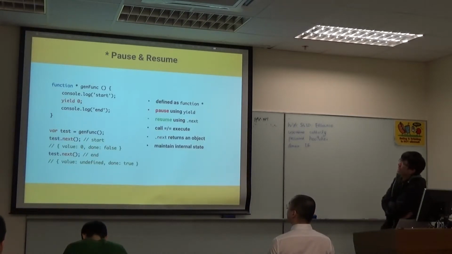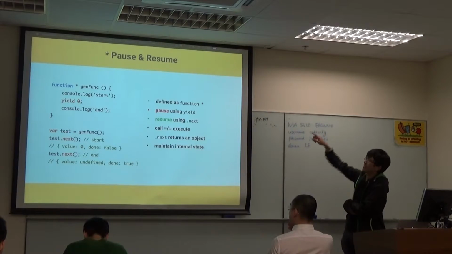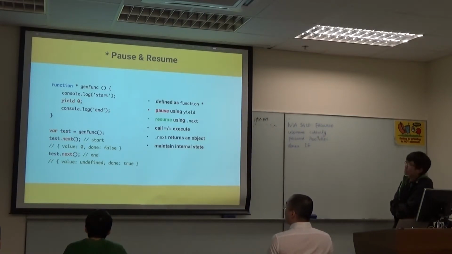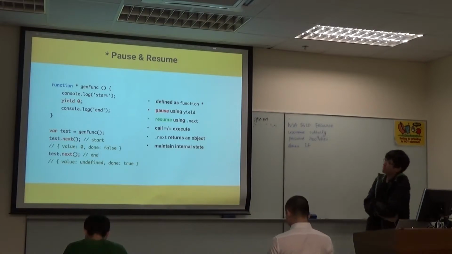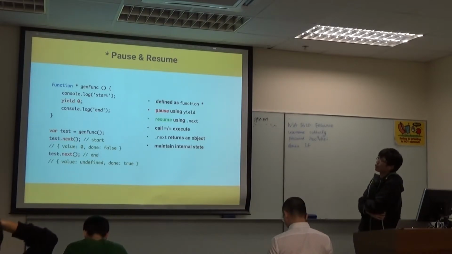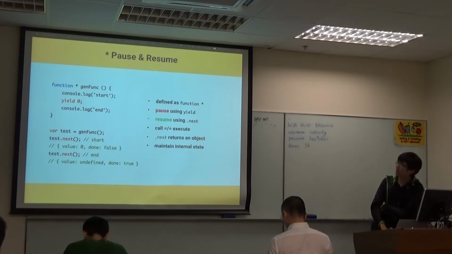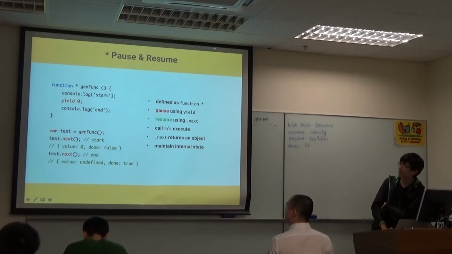It is defined using function and a star, and the function is paused using yield and resumed using .next. There is a simple example here.